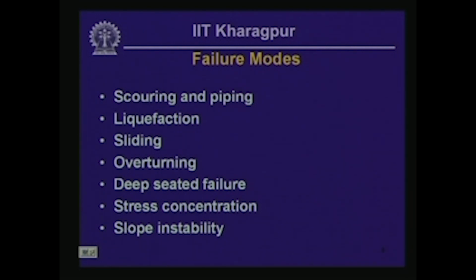For instance, if the speed of construction of a dam is too high, then the weight that is imposed when the embankment is being constructed is transferred to the soil underneath, and if the foundation soils are saturated, then the weight of the embankment is transferred immediately to the pore water, and as a result the pore water pressure increases.